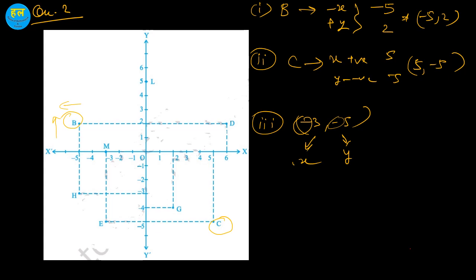Therefore both are negative, that means on the third quadrant. On the third quadrant it is minus 3, that means this one, and minus 5, that means this one. We can see the dotted line here. So this is point E.